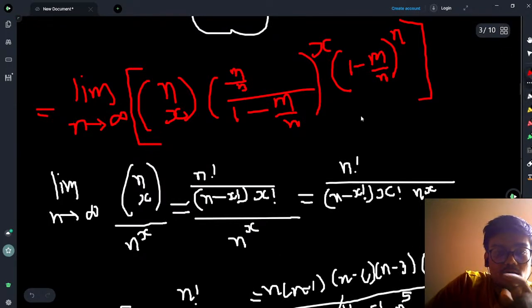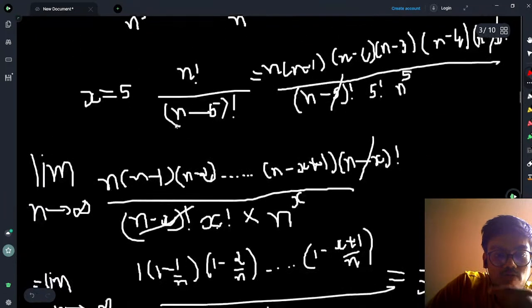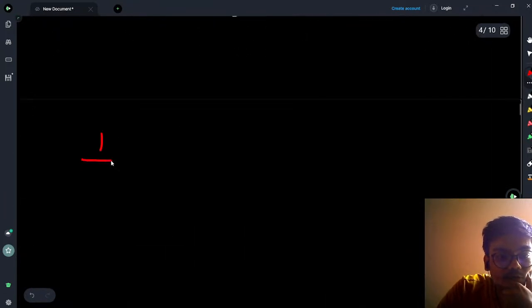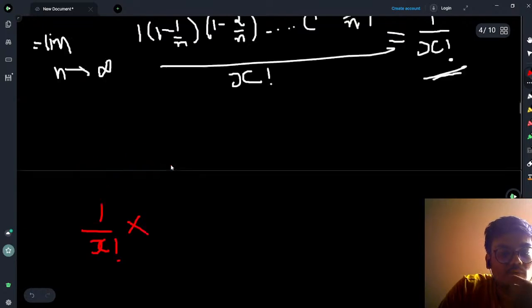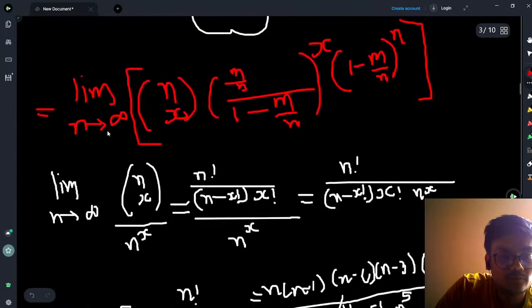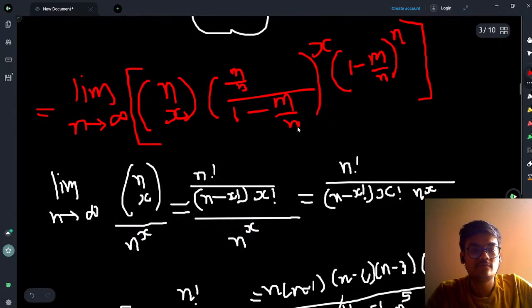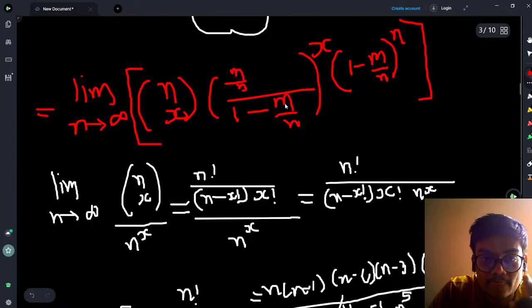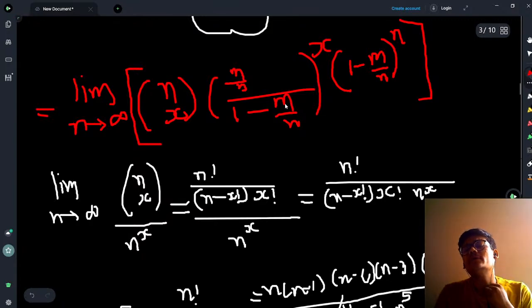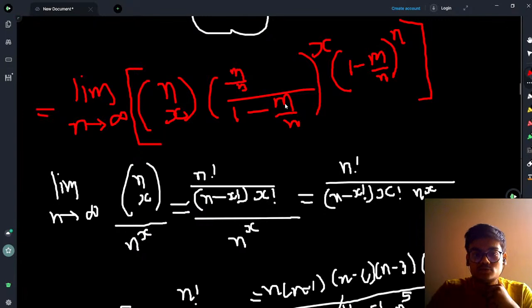Now let me go back to here. So what we are getting is 1 upon x factorial into, if we are giving n as infinity, 1 minus m upon infinity will become 1 minus 0, so 1.